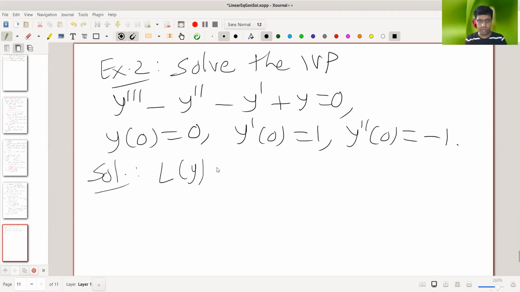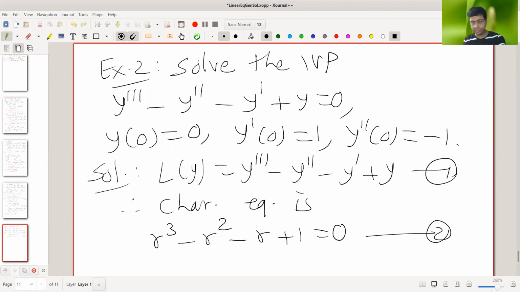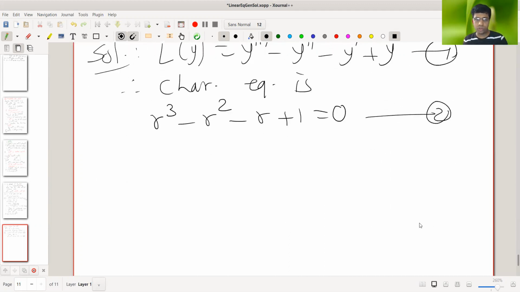So here L of y is the left hand side of this given differential equation, and the characteristic equation is r raised to 3 minus r square minus r plus 1 equal to 0. We have to find the roots of this characteristic polynomial, which is of degree 3.